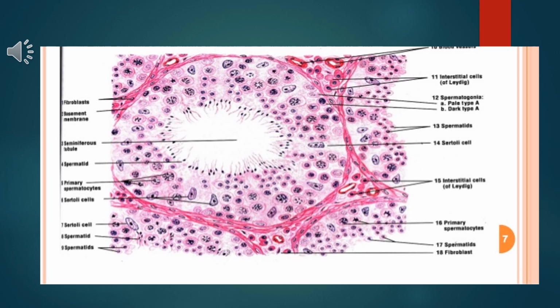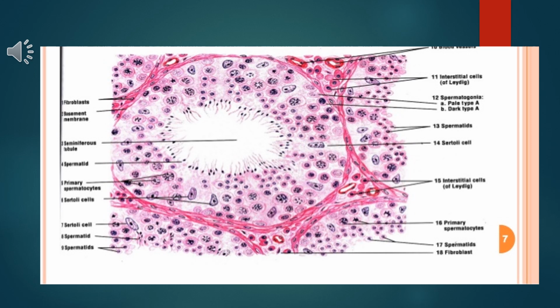The number is less compared to that of the spermatogenic cells, but you can see the Sertoli cells in between with elongated nuclei. So this is the structure of one seminiferous tubule.